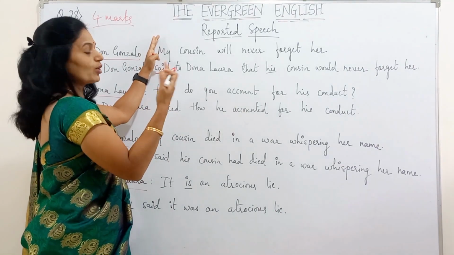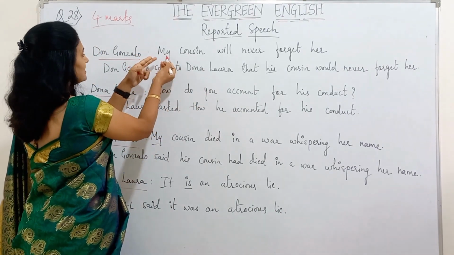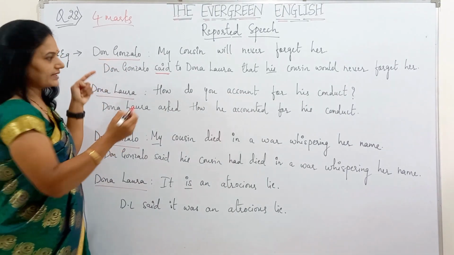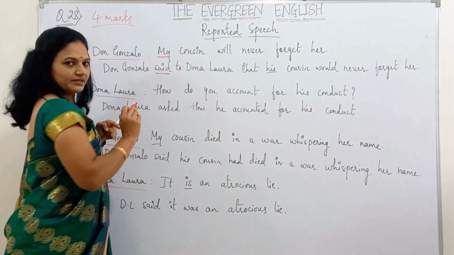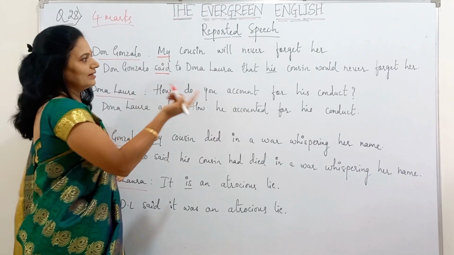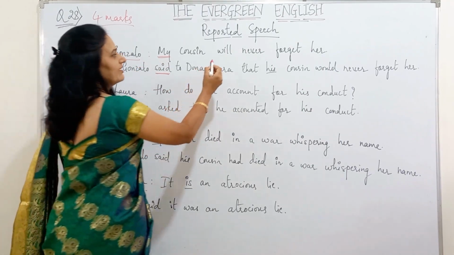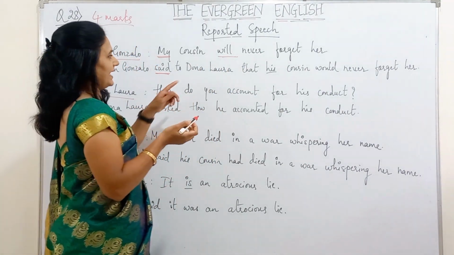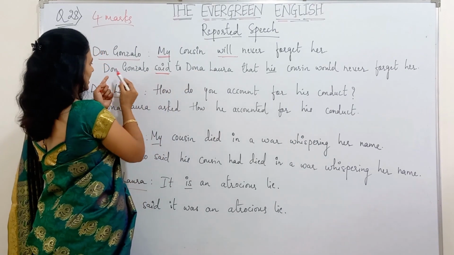Identify the sentence and what has to be changed. My cousin, in the sense, whose cousin? It is Gonzalo's cousin. Correct. So, my has to be changed. I am underlining it so that you can understand. You know the rules: will changes to would. And see here, I'll explain.